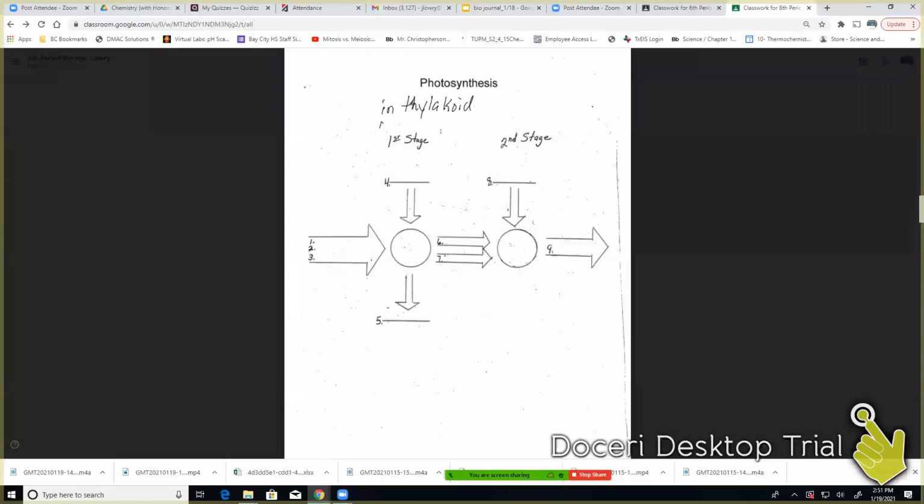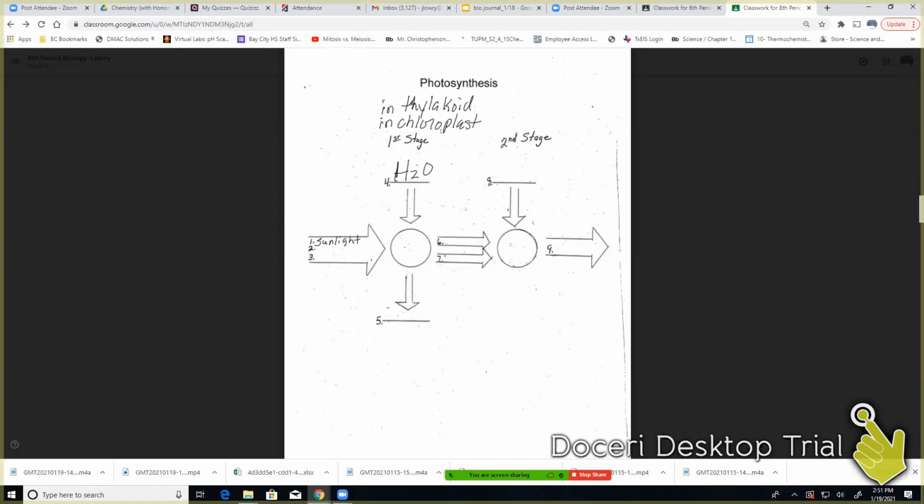The thylakoid is located in the chloroplast. So this is going to be our first stage where water is taken in along with sunlight.